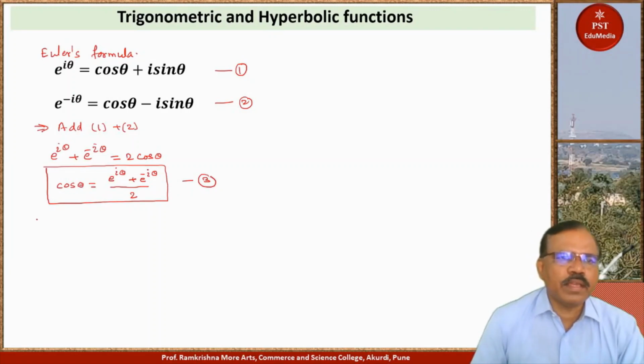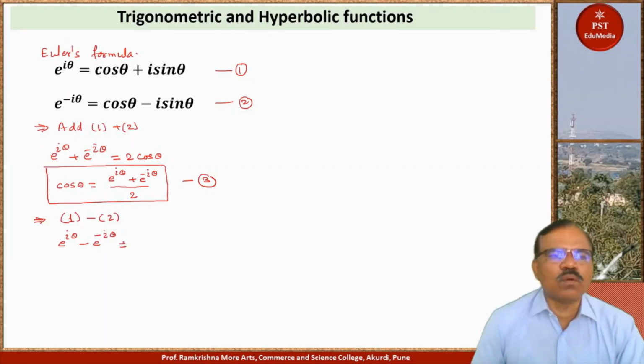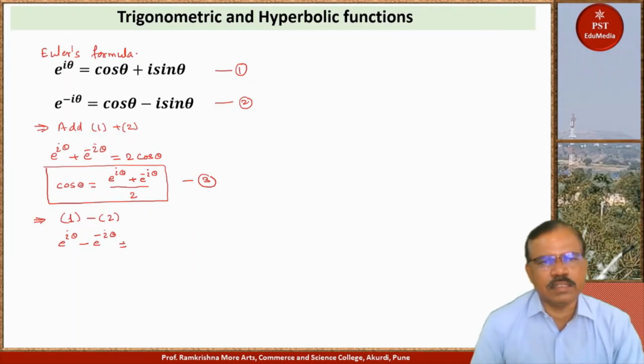Now if we subtract equation 2 from equation 1, we get here e raised to i theta minus e raised to minus i theta is equal to cos theta plus i sin theta minus, in bracket we can take, cos theta minus i sin theta.